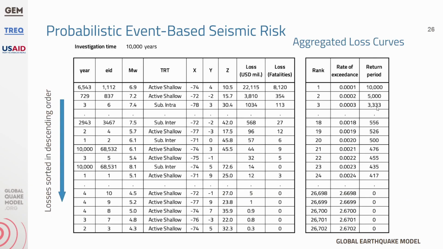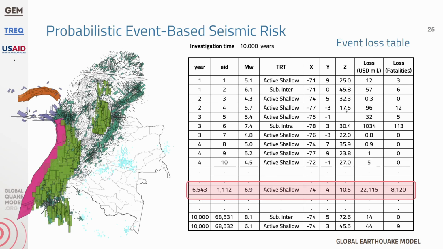So in risk assessment, now that we have this event loss table, we also want to understand what is the frequency of the damaging event. So we already said this is the most damaging event, but we would like to understand, is this very likely? How likely is it that we will see this within our lifetime, within the lifetime of the city's urban planning, within the lifetime of the buildings in the city, of the constructions that we're building right now, or the constructions that have been built within certain periods?